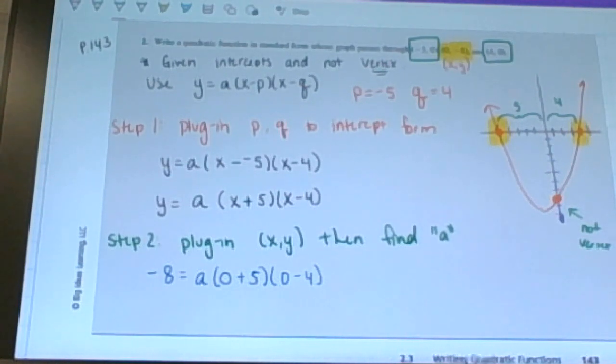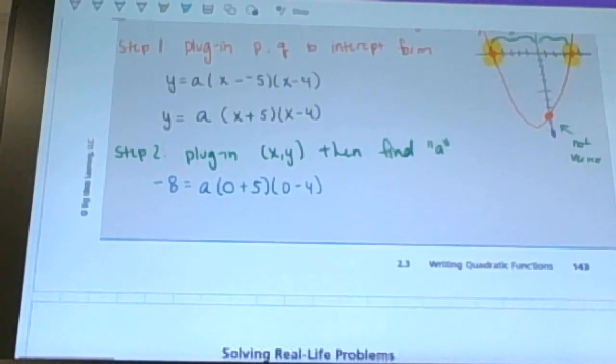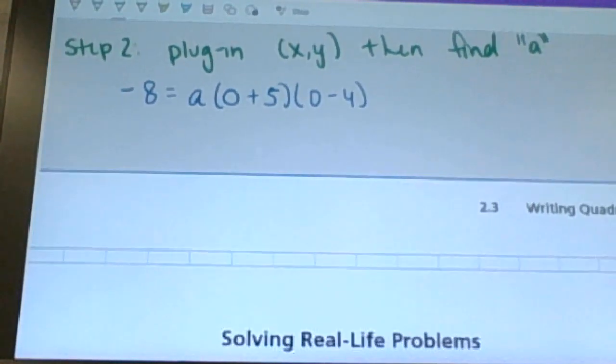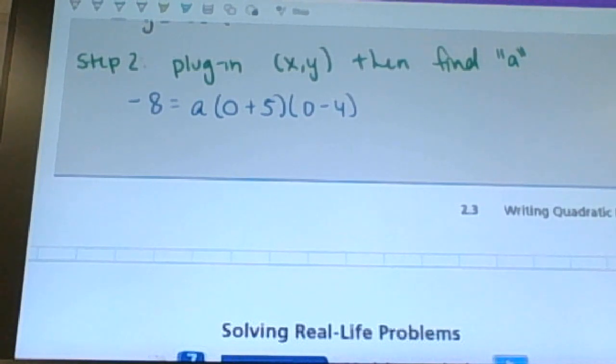So we're doing the same thing as yesterday, but we're using this point to plug in instead of the vertex. How did we do for a? A fraction? 0.4. That's a bad fraction. Okay, we get a, I got 5 and a -4.